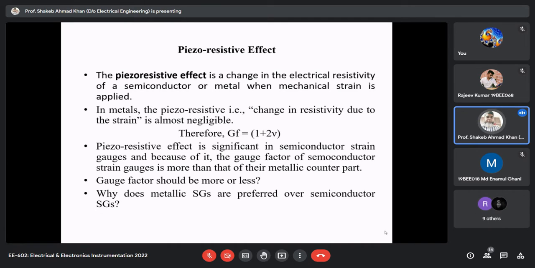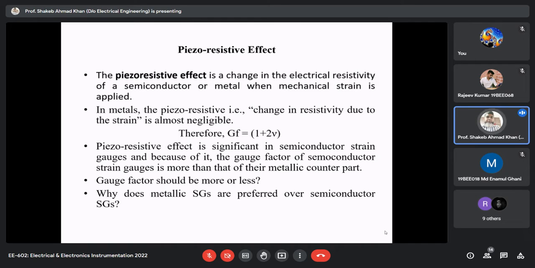This kind of temperature dependence is there in metallic strain gauges also, but not that much. So that's why metallic strain gauges are preferred over semiconductor strain gauges.